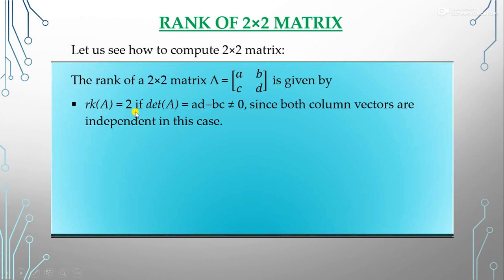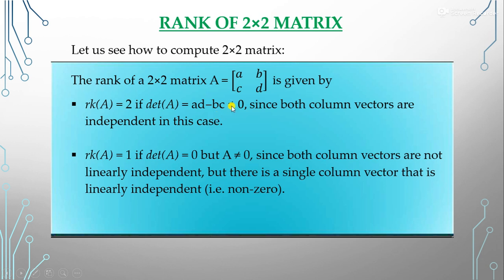The rank is 2 if its determinant is not equal to 0. The determinant is AD minus BC. If this is not equal to 0, then the rank of the matrix is 2. But if the determinant is equal to 0, then the rank will be 1.